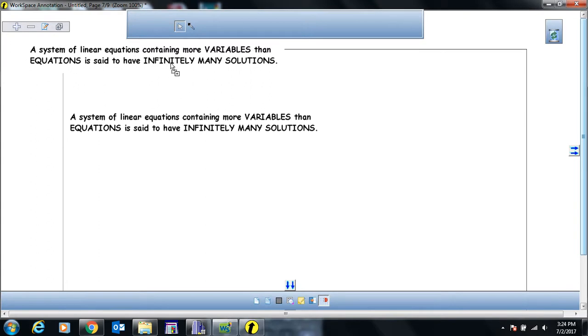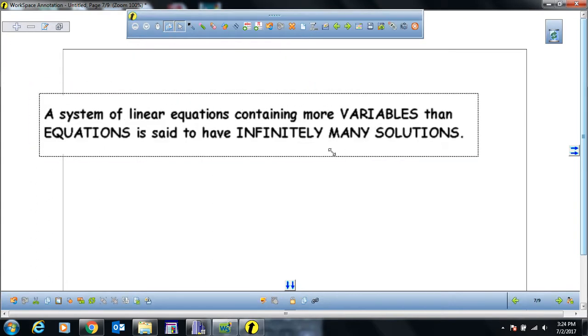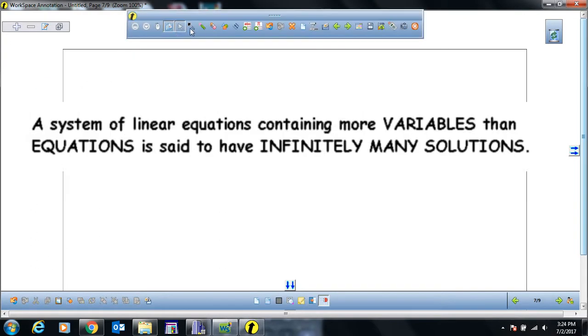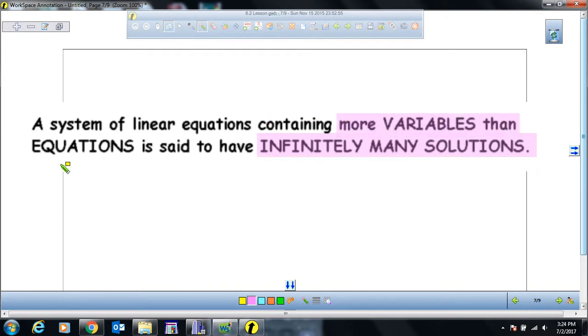This is a fact that you all need to know when you're solving systems. Whenever you have a system of linear equations that contains more variables than equations, the system has infinitely many solutions. Anytime you have more variables than equations, your system has infinitely many solutions.